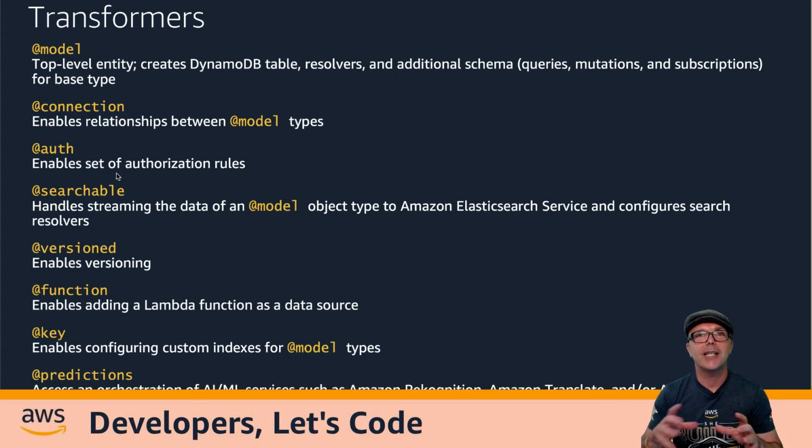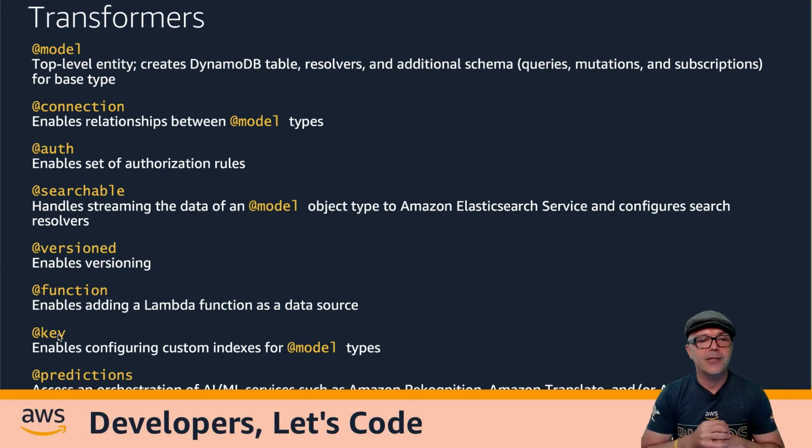With @searchable, you can actually provision an Elasticsearch cluster as part of Amplify as well. Obviously Elasticsearch would be great for doing searches, but in this instance, we're not going to use one. We're going to use the DynamoDB key transformer.